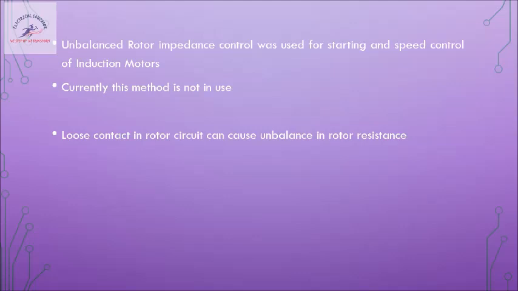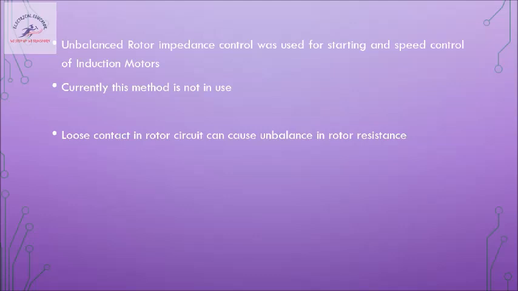We know that resistance is proportional to the length of the conductor and inversely proportional to the area of cross section. If there is a loose contact, the area of cross section reduces, so the resistance will increase, and the current through that particular phase will reduce.